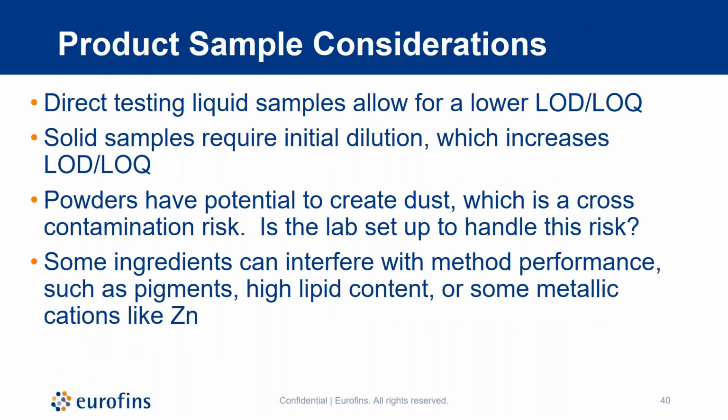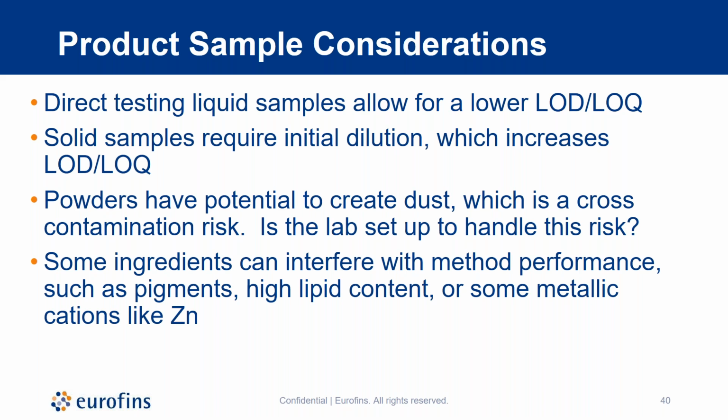Okay, product sample considerations. You can get increased sensitivity if you are testing liquid samples, because you could maybe direct plate if you're doing a standard culture kind of pathogen detection. And that might give you a lower limit of quantification or limit of detection, depending what kind of test you're performing. Solid samples will require an initial dilution, and because of that dilution, you will get reduced sensitivity unless you test the entire portion of the diluent.